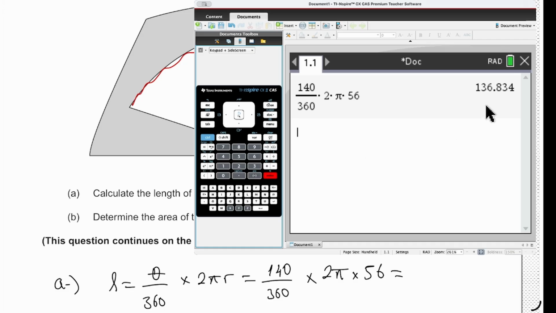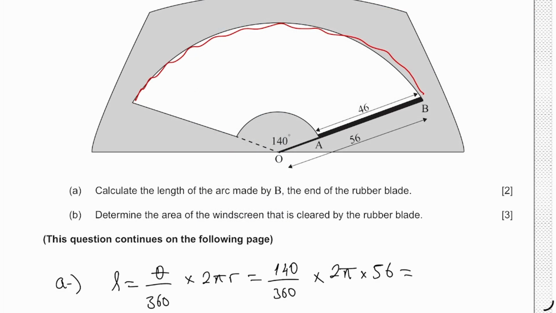So if you want to write in three significant figures, it's going to be 136.8. Three significant figures.